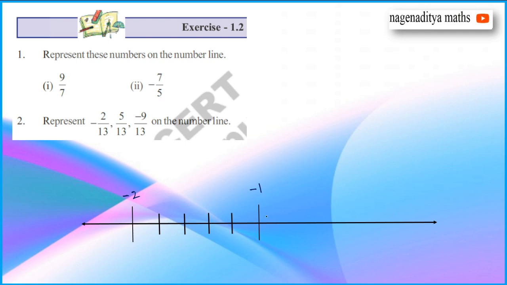So -1 can be written as -5/5, and the next one is -6/5, and the next one is -7/5, -8/5, -9/5, and finally -10/5. So -10/5 is nothing but -2. So what we need is -7/5. So this is -7/5. Okay, this is how we represent the given fractions. In particular, these two fractions are improper fractions.